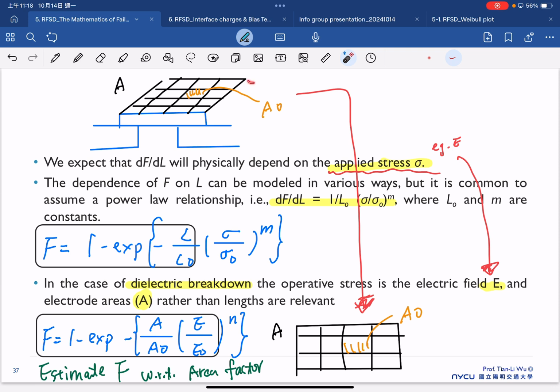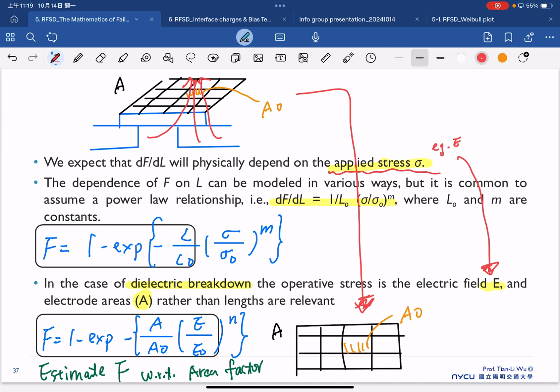This three-dimensional case can also be considered to have the weak link phenomenon, because as long as you have one place broken, then all the electrons will prefer to go only through this broken place.